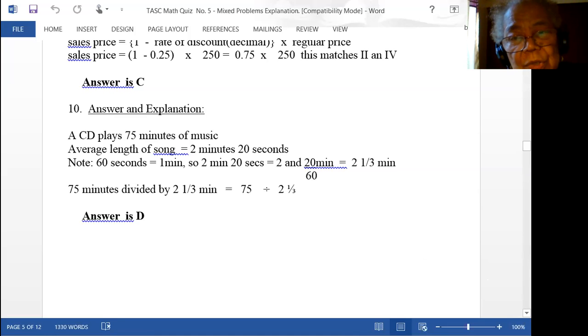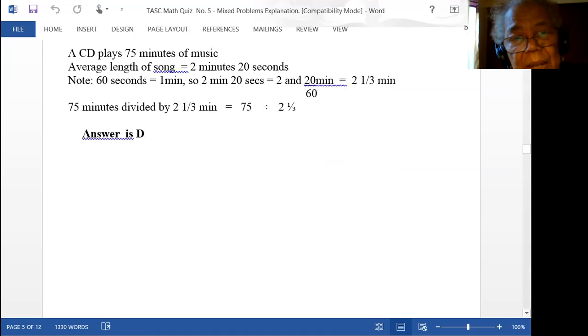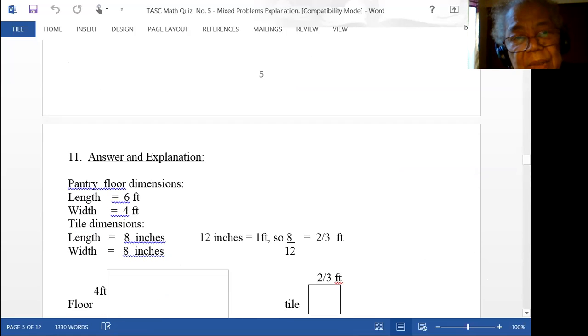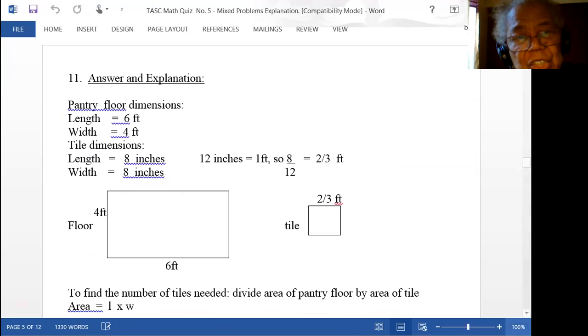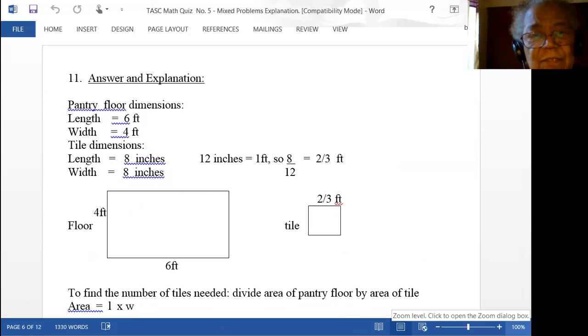Okay, let's go to the next problem. Number 11: you're given a pantry floor with dimensions of 6 feet and 4 feet.